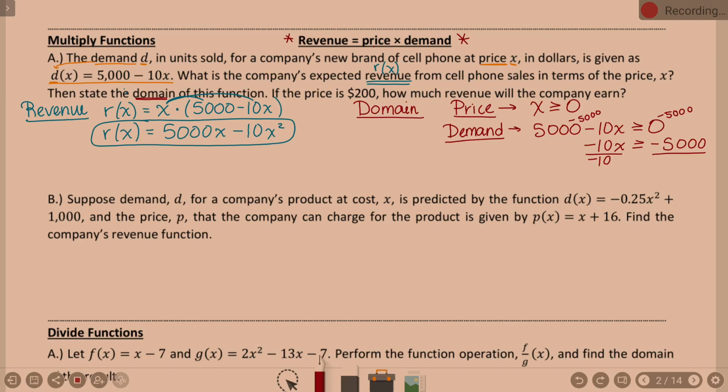This is why I did this, because there's a catch here. Negative 10x divided by negative 10 is x. Negative 5,000 divided by negative 10 is positive. Negative divided by negative is a positive. 5,000 divided by 10, cancel a 0, and it's 500.